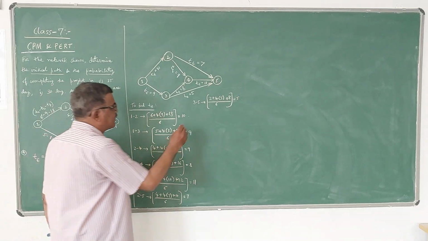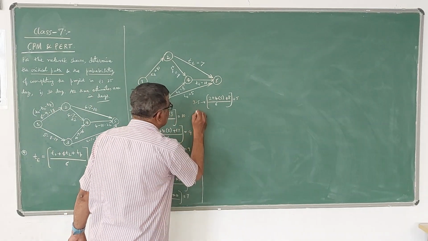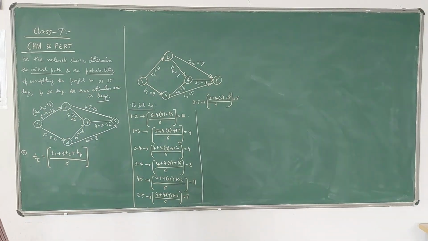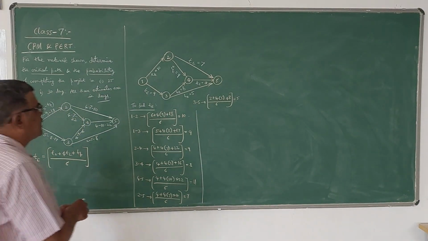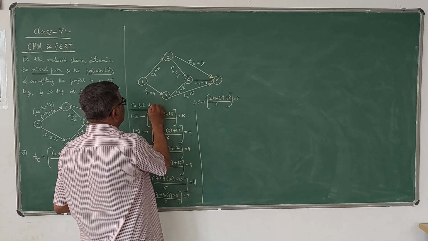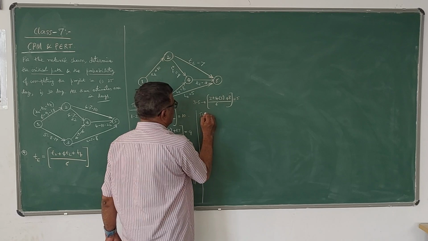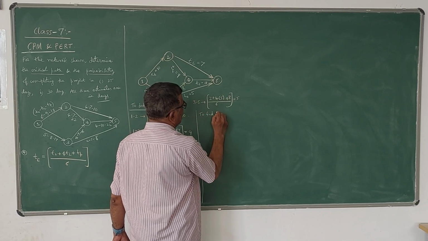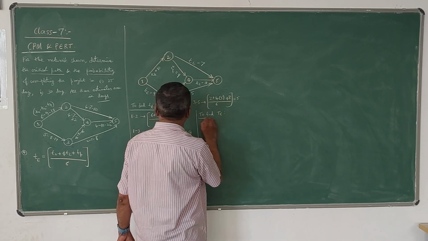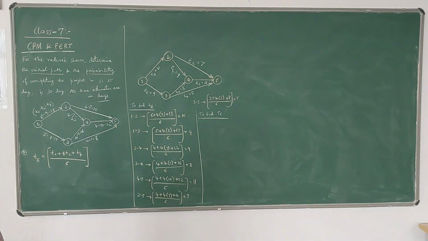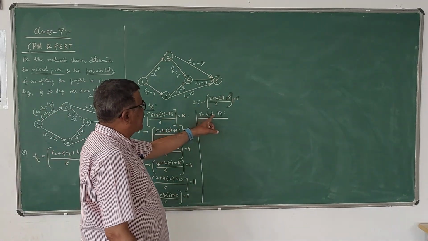First step is over. Next, after getting TE, to get the critical path, we need to compute other two time estimates. One is capital TE, another is capital TL. So to find capital TE, last video I had explained all this. On similar lines we are doing this. This is the earliest expected time.